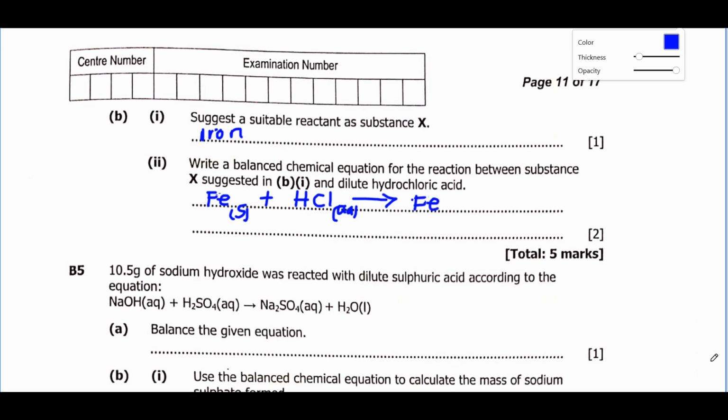Now we know that iron has the valence of 2. Chloride has a valence of 1. So we're going to put 2 on the chloride, plus hydrogen gas, H2. To balance, I'm just going to put 2 in front of HCl. As we can see, our equation is now balanced.